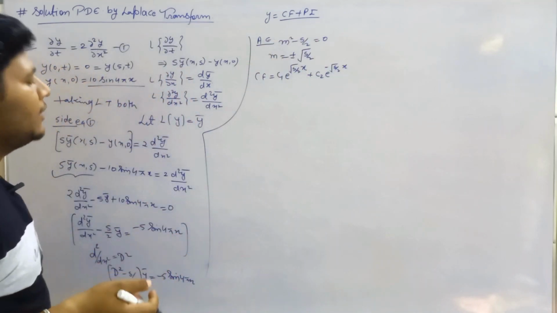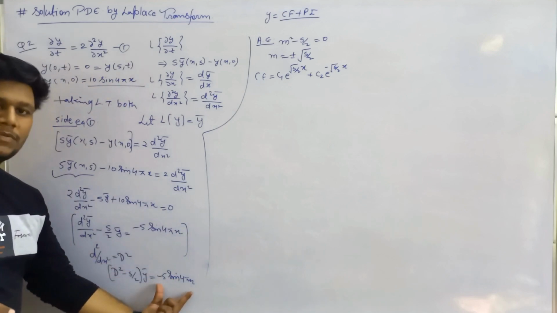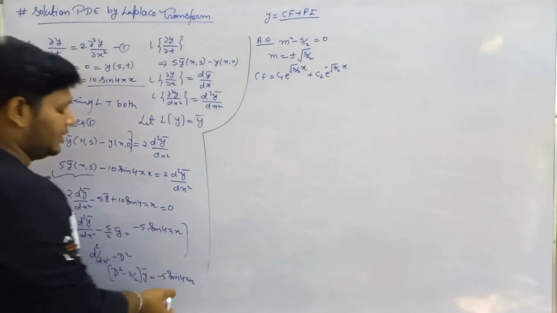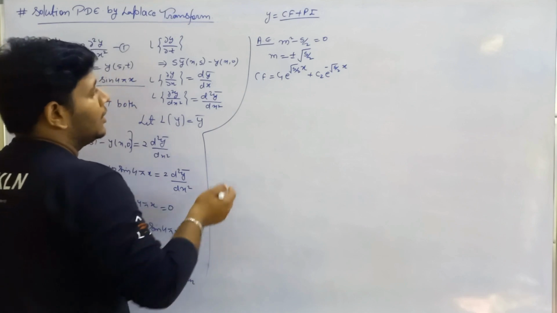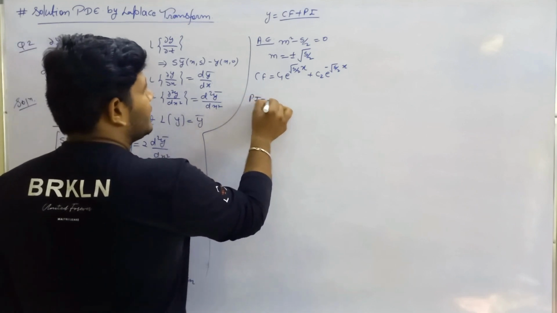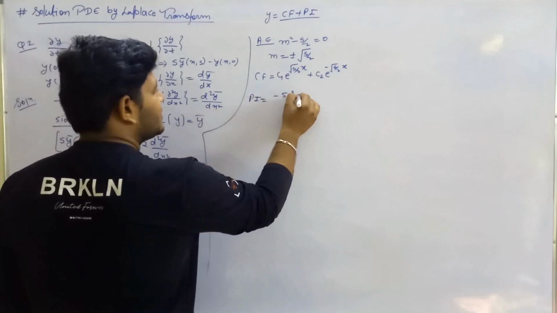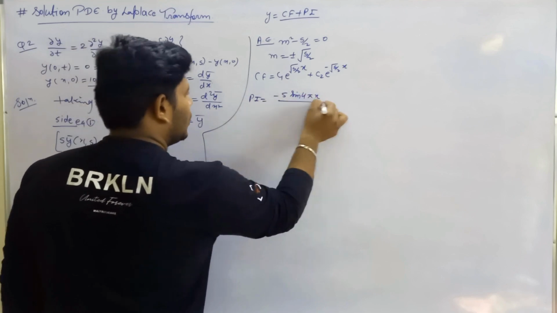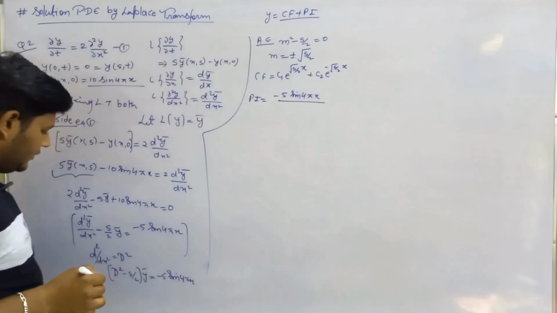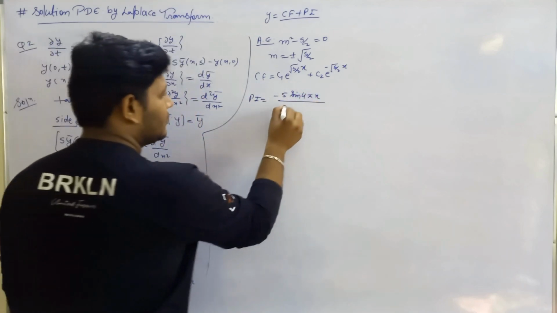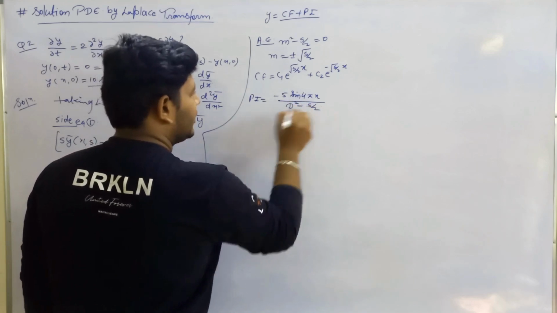Now we have to calculate the particular integral for the non-homogeneous function, which is minus 5 sine 4 pi x over the function f of D, that is D square minus s by 2.